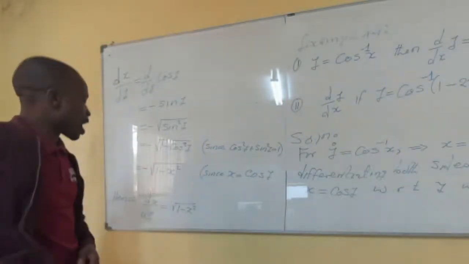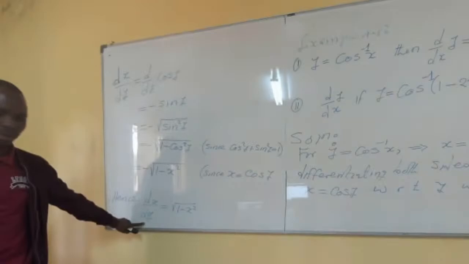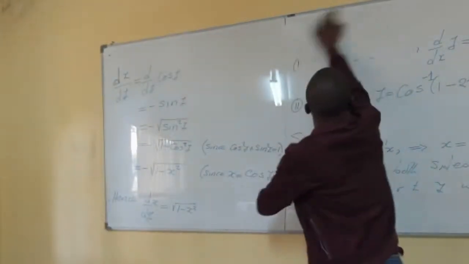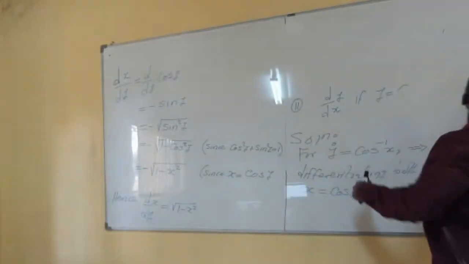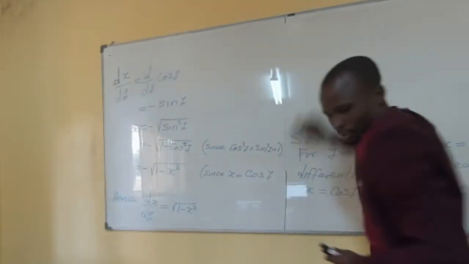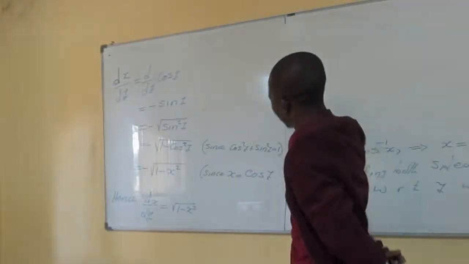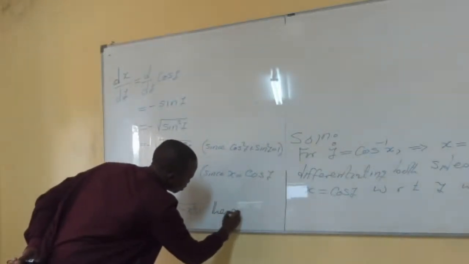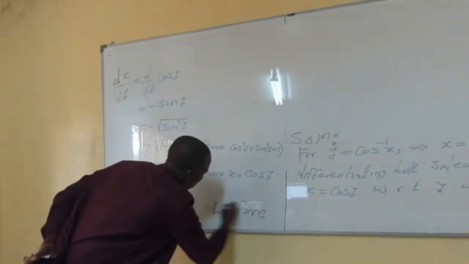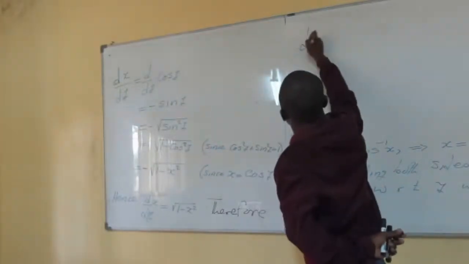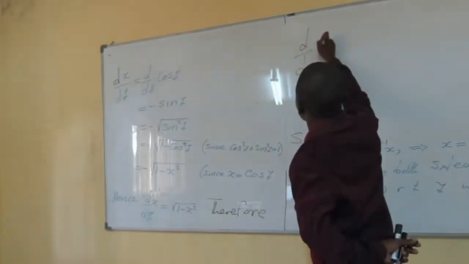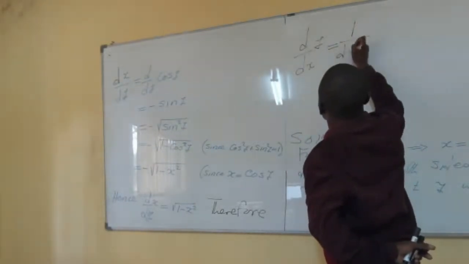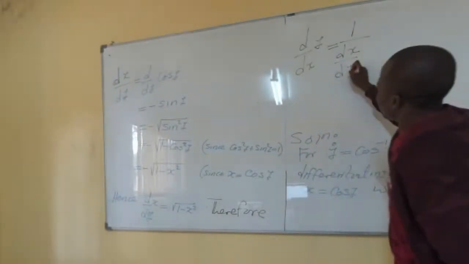So now we are saying the derivative of x with respect to y is equal to the square root of 1 minus x squared. If that is the case, therefore the derivative with respect to x of y is equal to 1 divided by the derivative of x with respect to y.